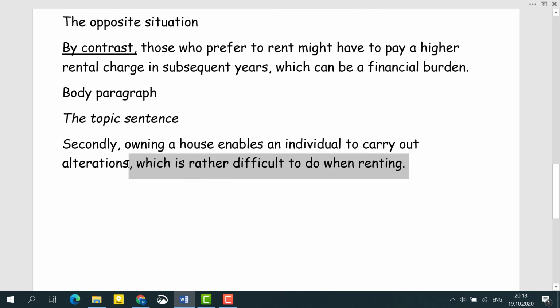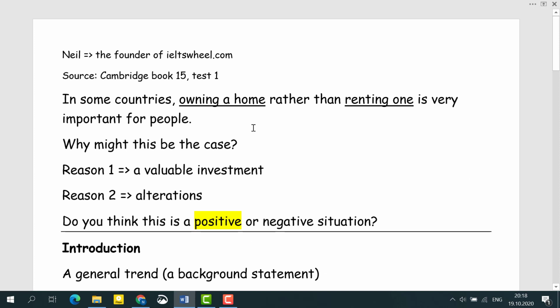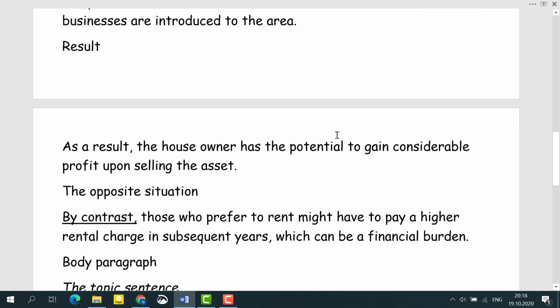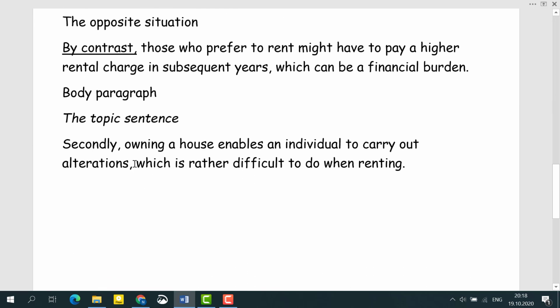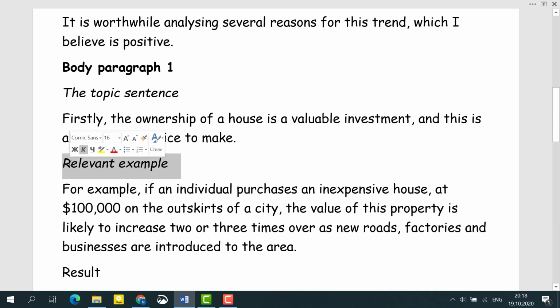If you miss this part, okay, so the examiner will think, hold on, how about renting one? Have you mentioned this? No. Okay, so he might not like it. So in order to make him happy, make sure to include both aspects. All right, again, what do we need to do? We need to focus on a relevant example.